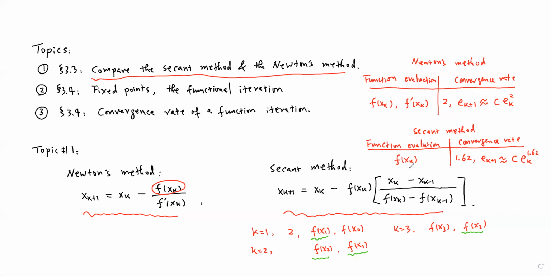Combine 2 steps, view 2 steps of the secant method as 1 step, then the computational cost is the same, also 2 function values. But how about convergence rate?